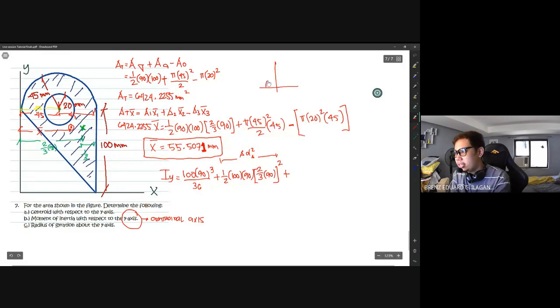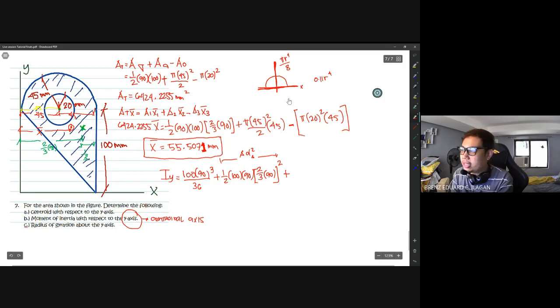Semicircle kasi yon. Yung isa is with respect dito sa axis na to, so ito yata, kung di ako nagkakamali, that is 0.11 r raised to 4. Kaso yung kailangan natin is with respect dito sa axis na to, kasi ito siya, oh, yung nakatayo. So para doon sa axis na yan, ang equation is pi r to the fourth over 8.